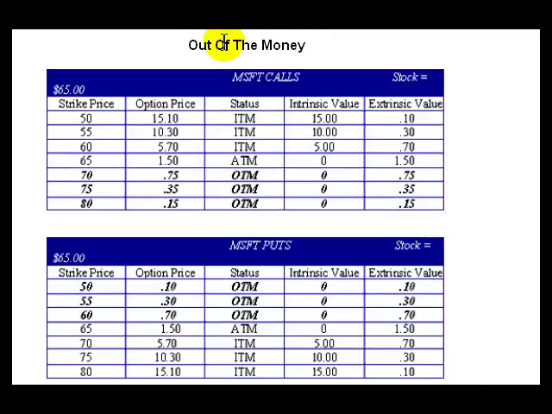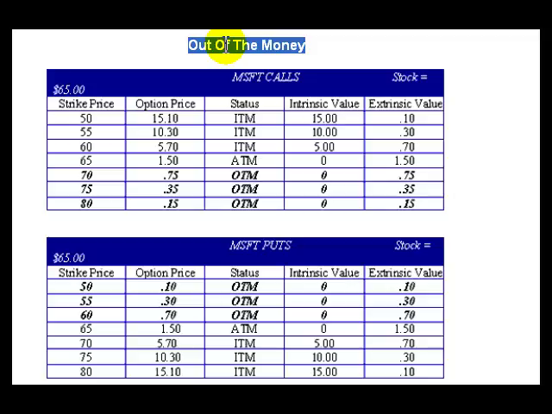So moving on to out of the money. As you would expect, an out of the money call is described as a call whose exercise price or strike price is higher than the present price of the underlying. Thus, an out of the money call option's entire premium consists of only extrinsic value. There is no intrinsic value in an out of the money call, because the option's strike price is higher than the current stock price.